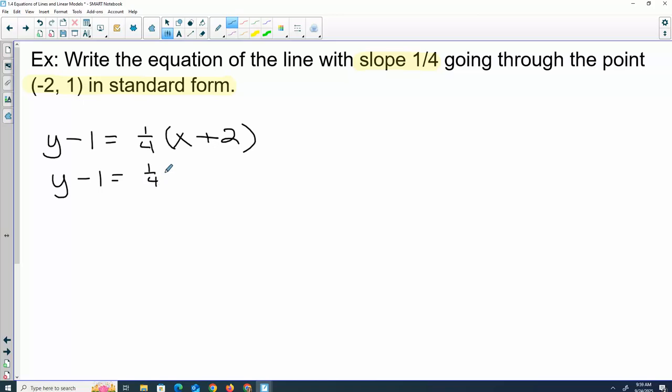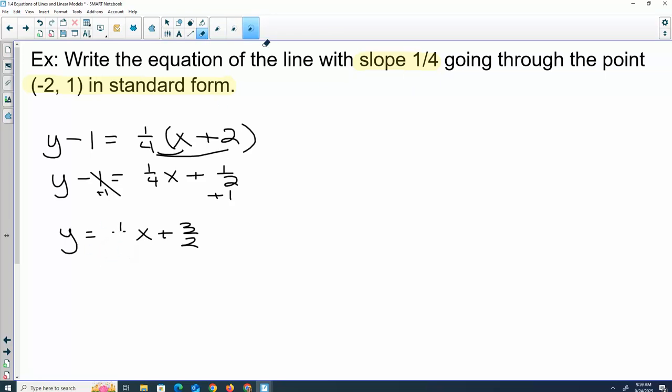Just review. 1/4 times 2 is 1/2. Add over our 1. So we get 1/4 x plus 3/2. Can everybody get to that point?